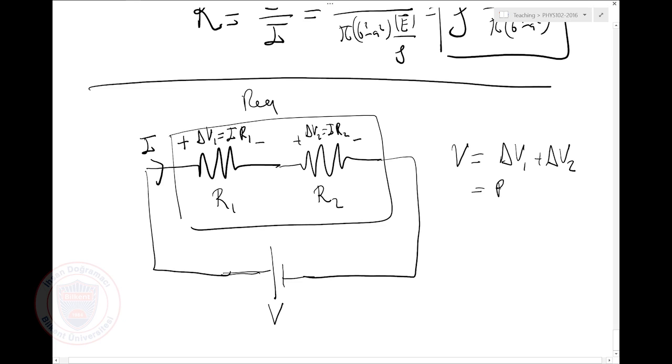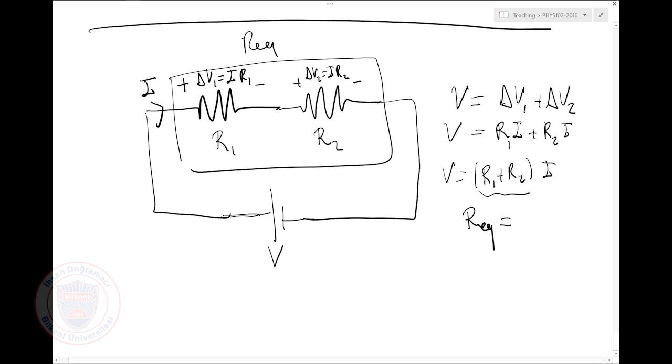So it's going to be R1 times I plus R2 times I, or V is (R1 plus R2) times I, which means my equivalent resistance for series resistors is just the sum. All right?